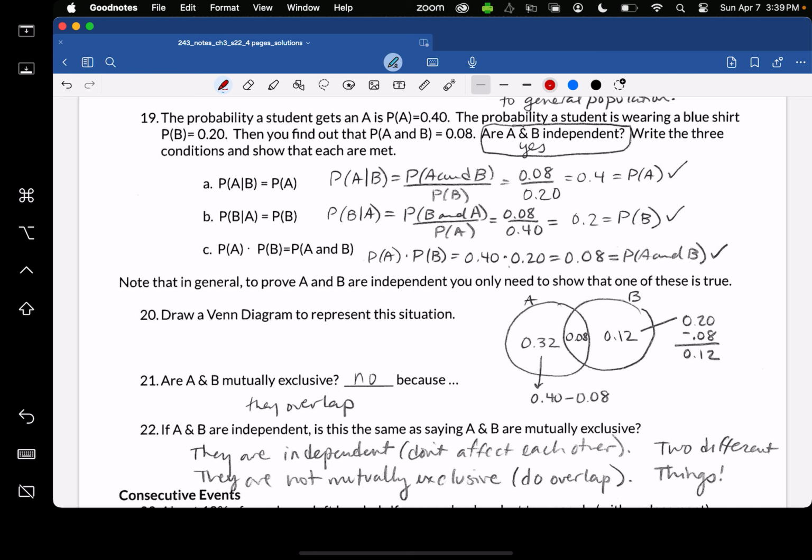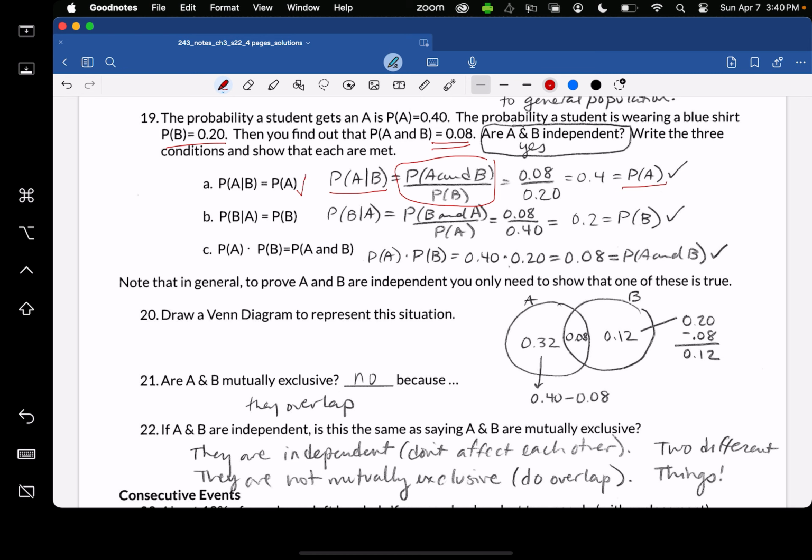So P of A given B. This is the formula from the previous page. P of A and B is 0.08, and P of B is 0.20. When I divide them, I get 0.4, and that is P of A. So because P of A given B is P of A, that first condition is met.